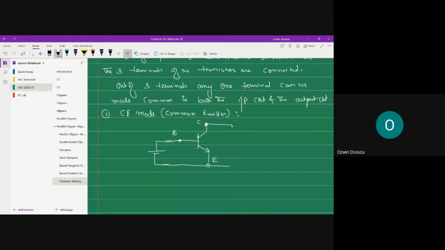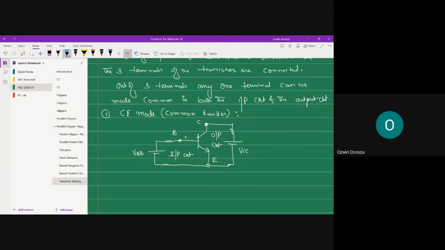And in case of the output circuit, this is some VBB and this is some VCC, DC power supply. They are nothing but the biasing sources. I'll not talk about biasing now. This is what the common emitter connection looks like. So this is your input circuit, and this is your output circuit.